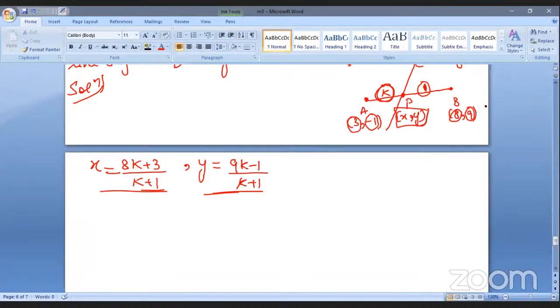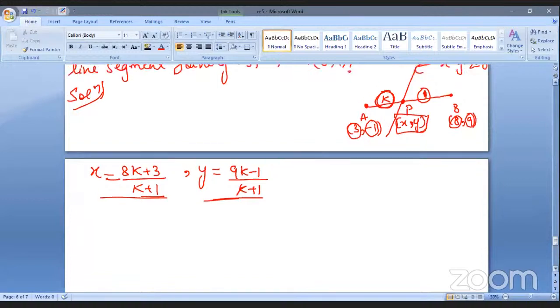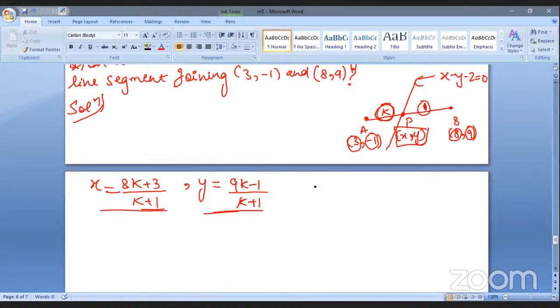The people who have studied straight lines may find the equation of this line and then put this point to satisfy it. But why do this long process, finding the equation of the line first and then putting this point in it? No, we won't do it, because we are already given one line on which this point lies. So I already have this equation with me.